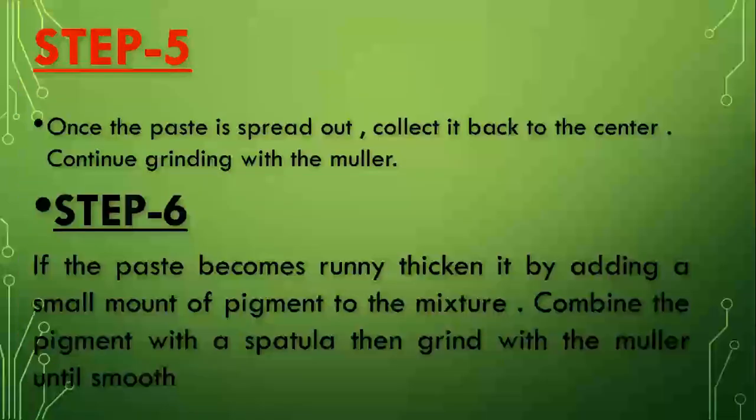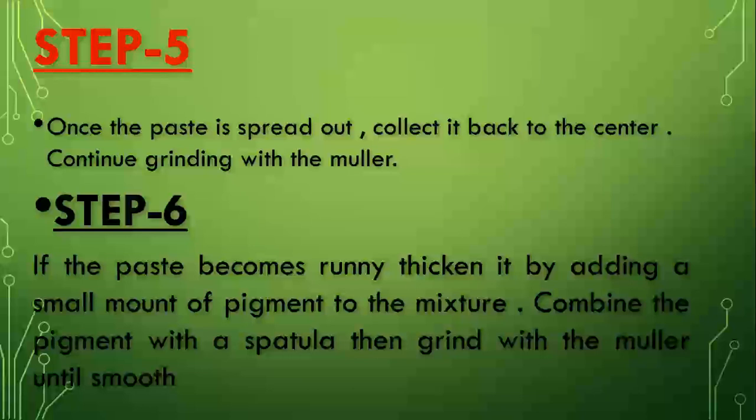In the fifth step, note that the whole process will be done on a fixed plate. If some paste is spread out, then collect it and dissolve it again with the pigment with the help of the muller. In the sixth step, if we have taken more oil or more pigment, then adjust them according to requirements and grind with the muller.